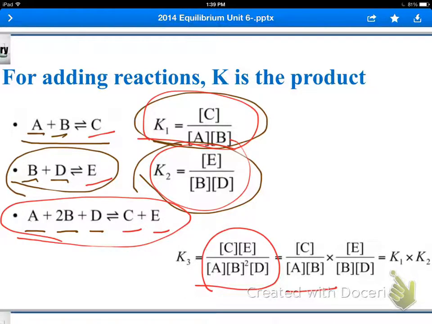Here's K1, here is K2. So if I add reactions, the new K, the total K, is the product of the two Ks, K1 times K2.